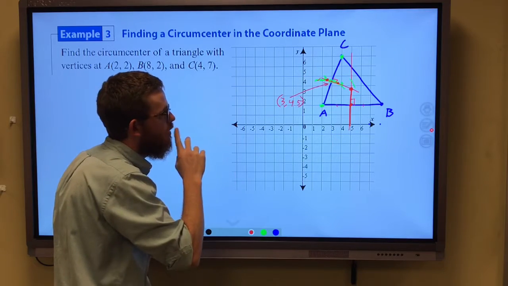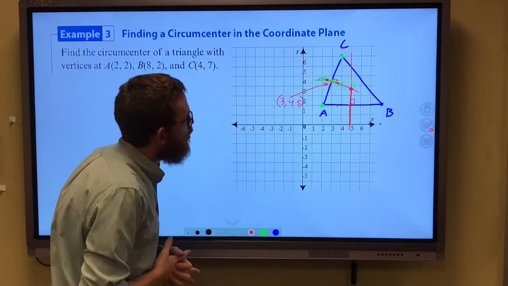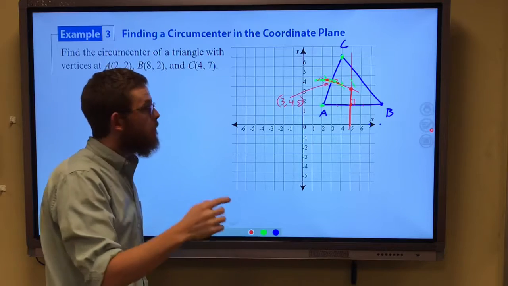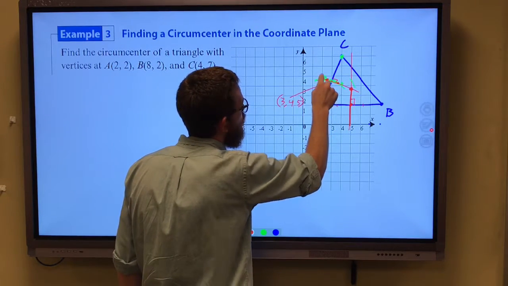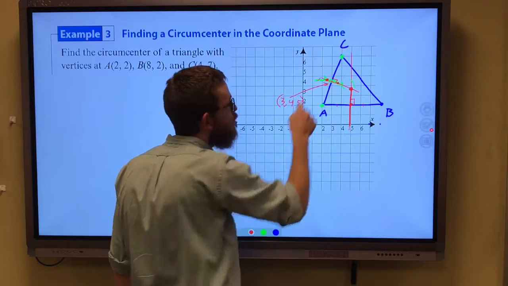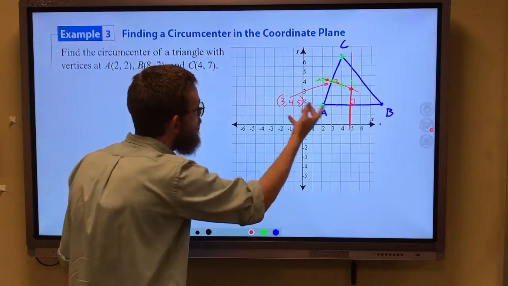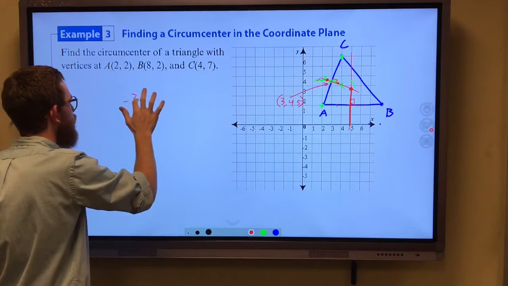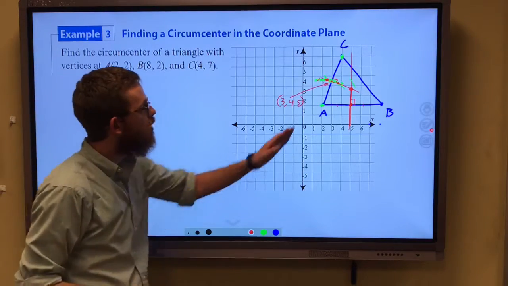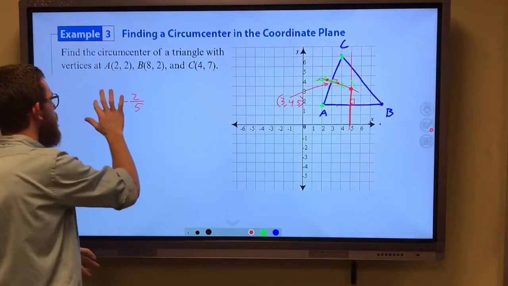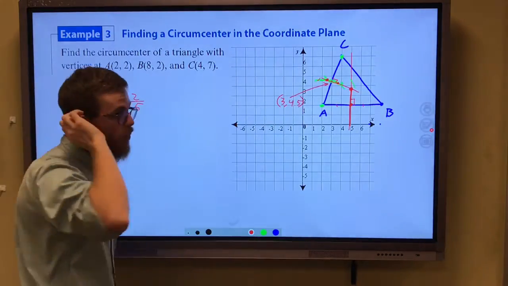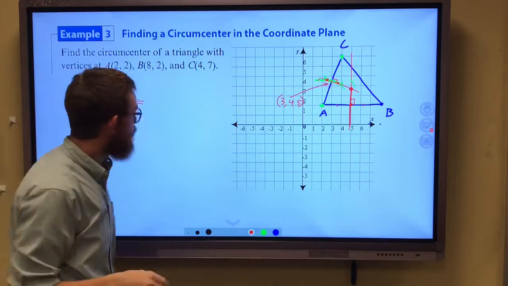All right, so we know it's going to be perpendicular to this blue line. Well, that blue line has a slope of up 1, 2, 3, 4, 5 over 2. So that means ours needs to be a negative 2/5. If that blue line has a slope of 5 over 2, ours needs to be the opposite reciprocal, but it needs to go through the point 3, 4 and a half.